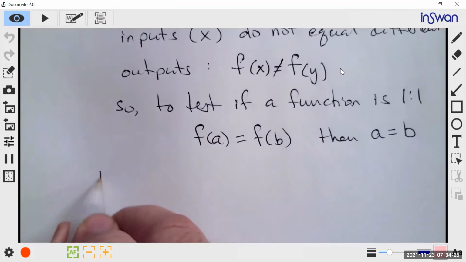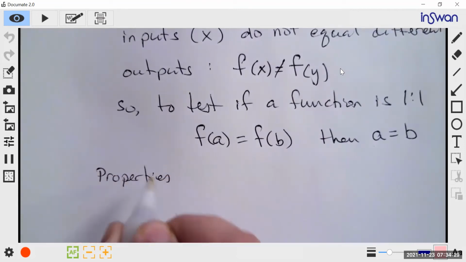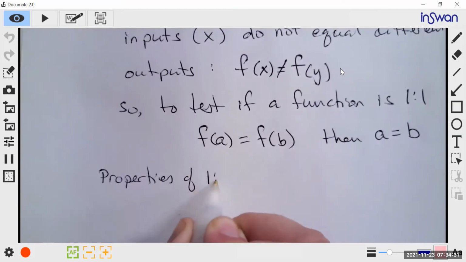So here are the properties of one-to-one functions.